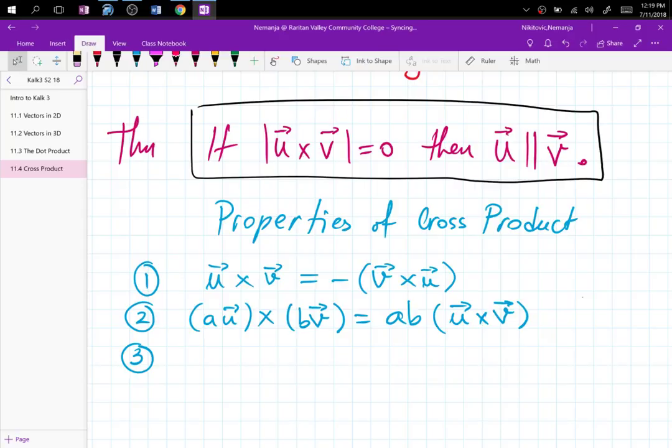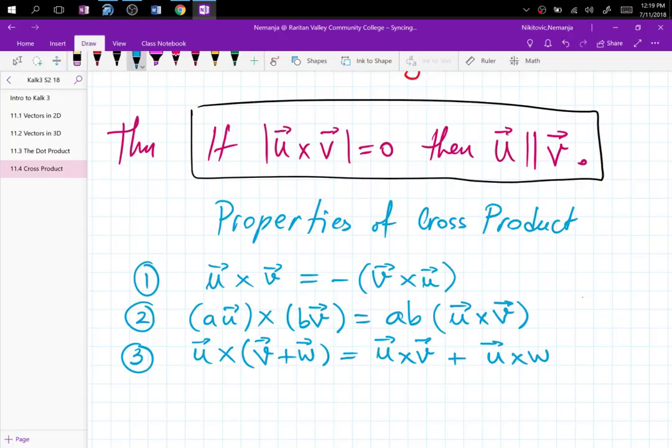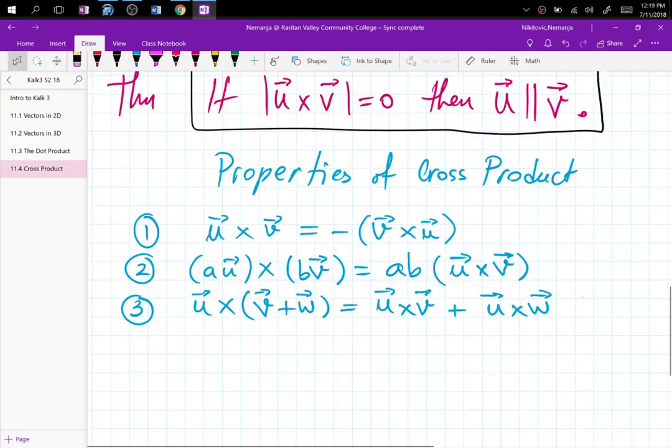U cross (V plus W), which is U cross V plus U cross W. And because we don't have the commutative rule, we also have to do this backwards as a separate rule.